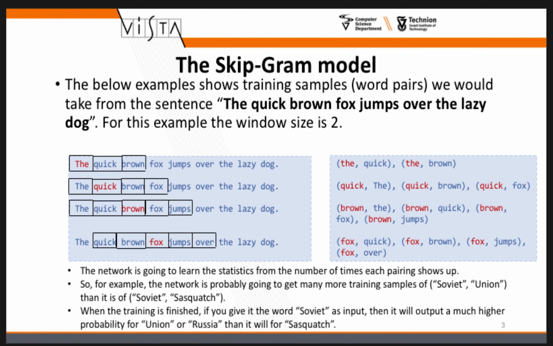I'm taking these pairs, training them in my model, and getting the vector that consists of the probabilities. In bag of words there are no probabilities; it's only counting.